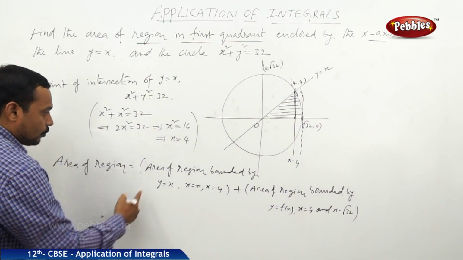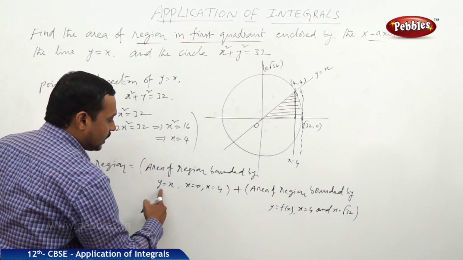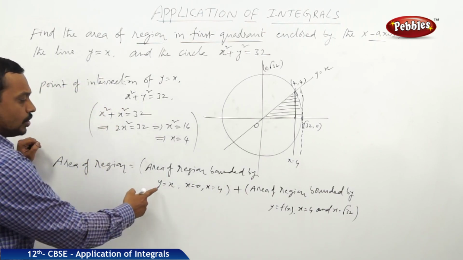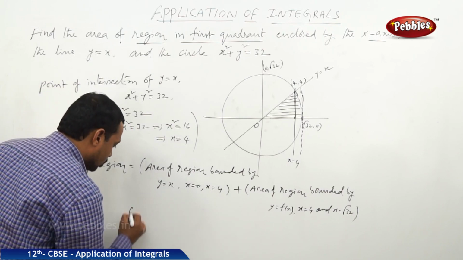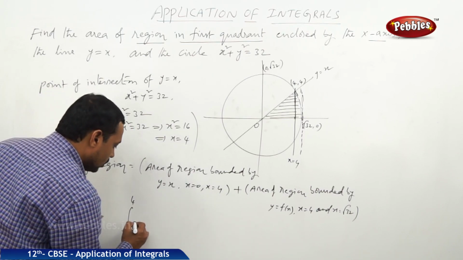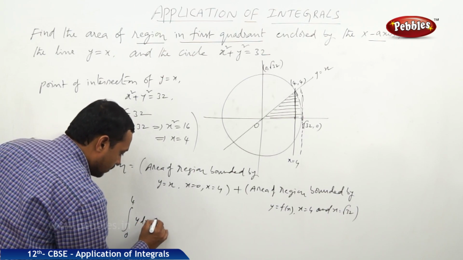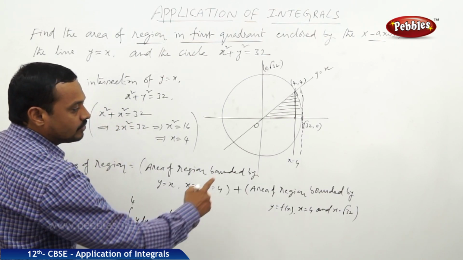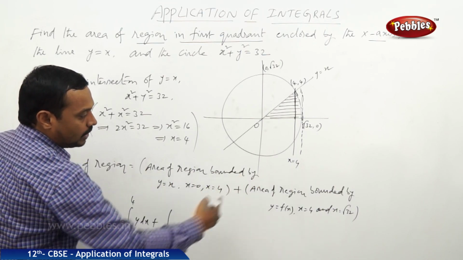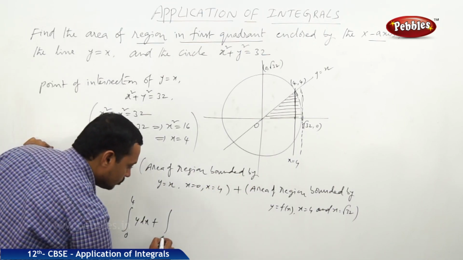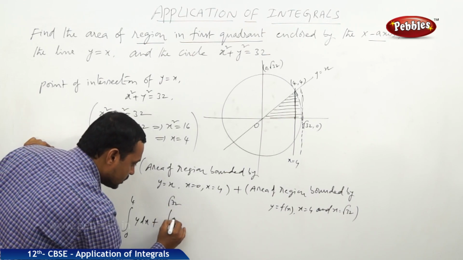Now the area of the region bounded by the line y is equal to x between x is equal to 0 and x is equal to 4 is given by integral 0 to 4 y dx, plus the area of the region bounded by the curve y is equal to f of x between 4 and root 32, it is integral 4 to root 32 y dx.